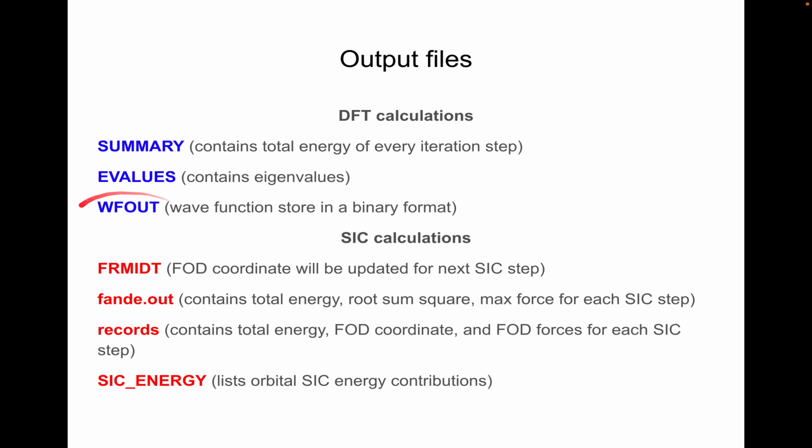WF-out is a binary file where the wave function of your calculation gets stored, and you need this file for the typical optimization calculation. And for the DFA calculation, this is the one that is important to the users.